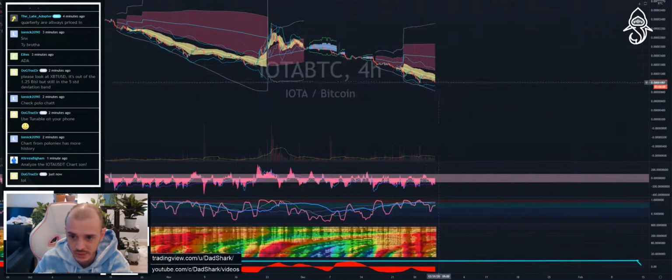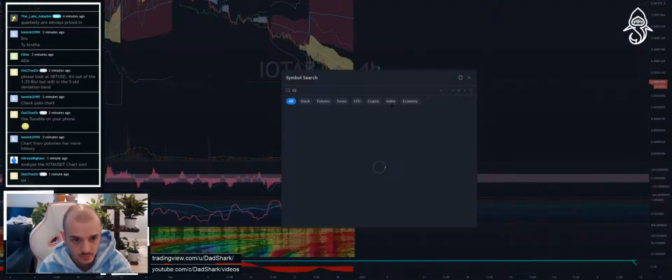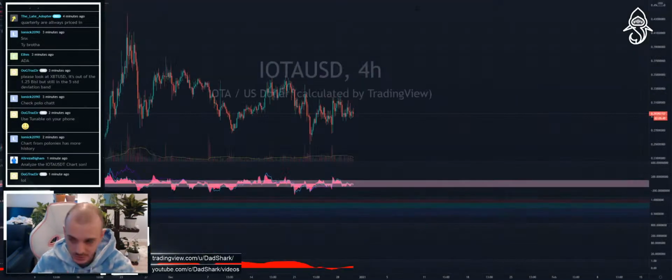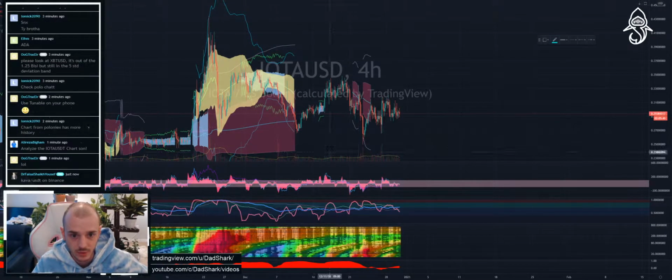You could probably get a reactionary buy at 831 if we suddenly drop down there, because there would be a pretty strong rejection. But other than that, I really don't want to trade it. Excuse me. Yeah, and lo and behold, you just have true neutral on the USD pairing.